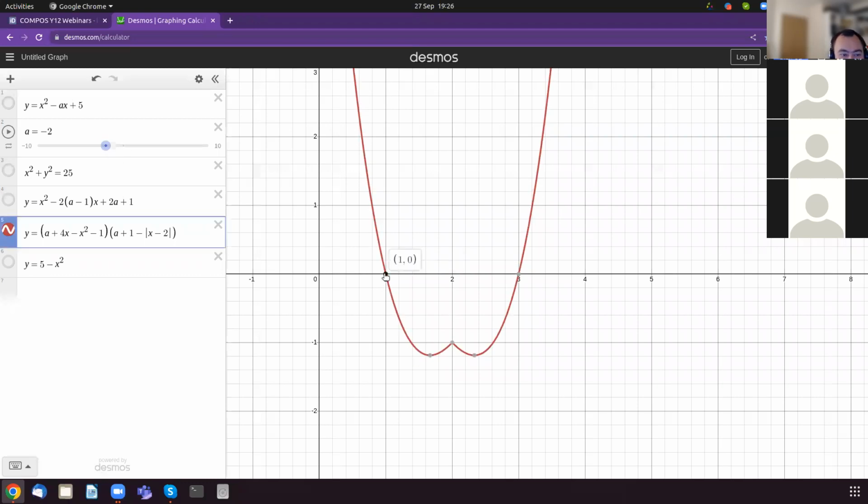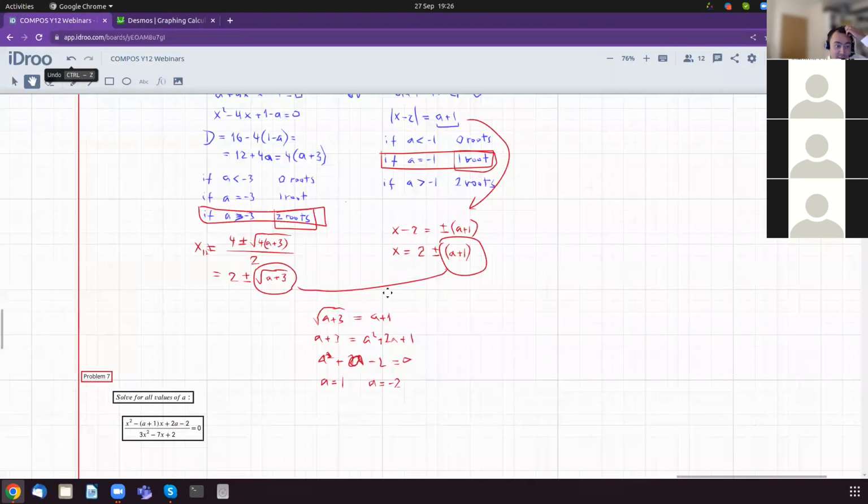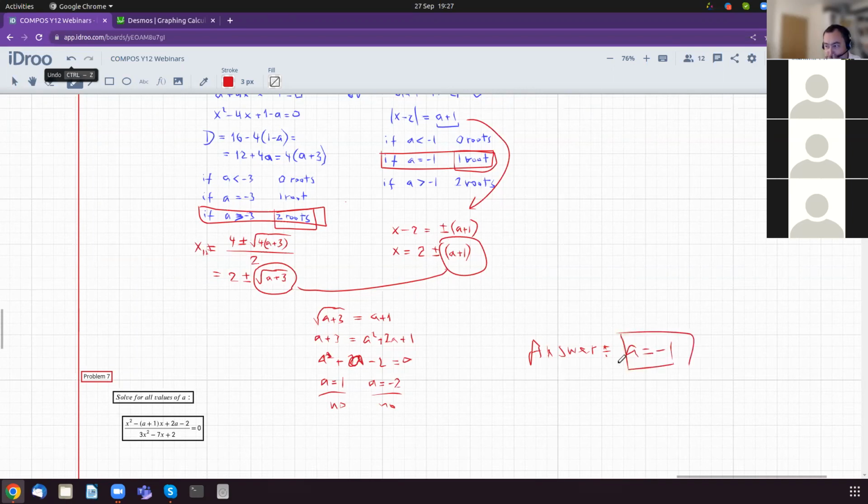It's still 2. We've eliminated these options, so no and no. So therefore, the only solution, the answer, is a is minus 1. Okay, hope that makes sense.